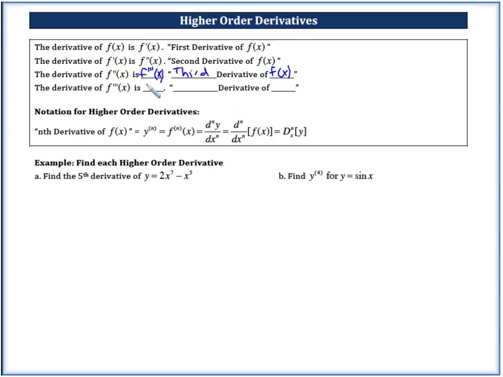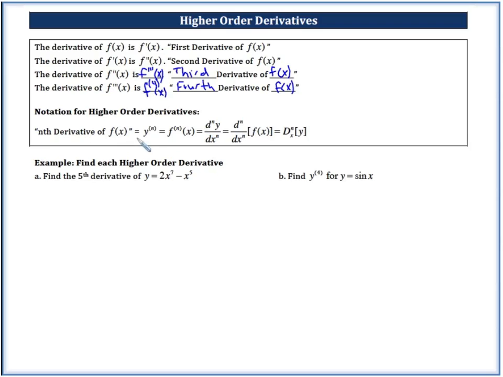Once we get to 4, then we go ahead and put this in parentheses as an exponent. So it's f^(4) of x, and this is the fourth derivative of f of x.